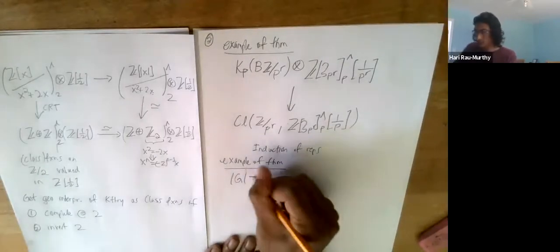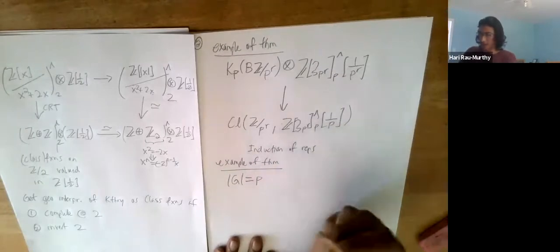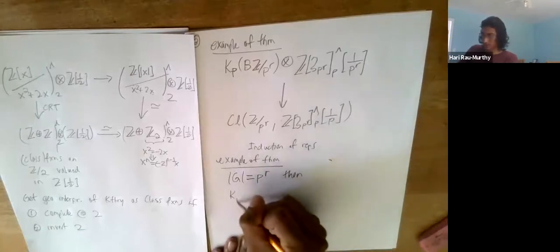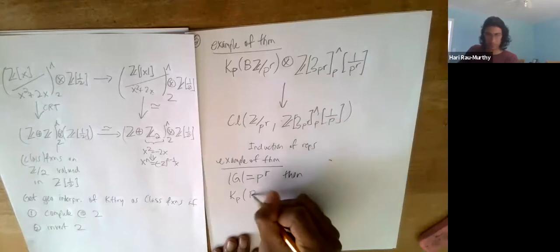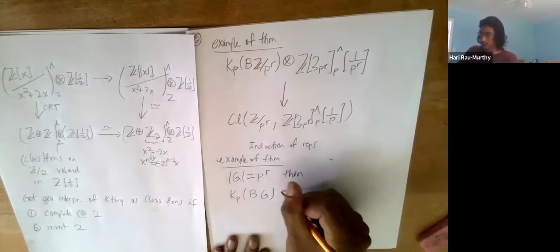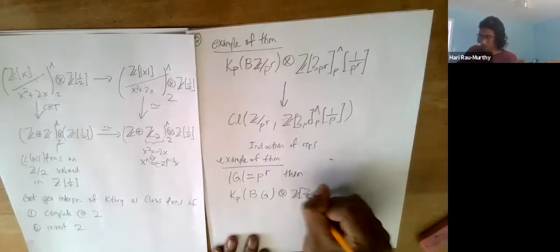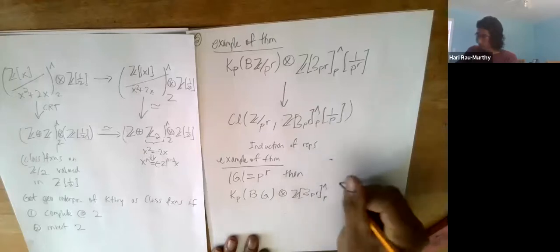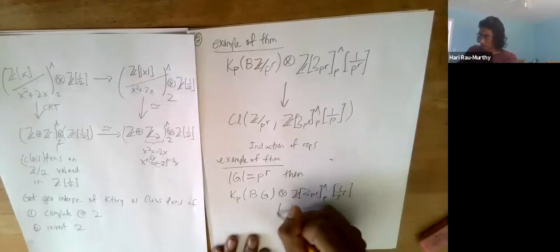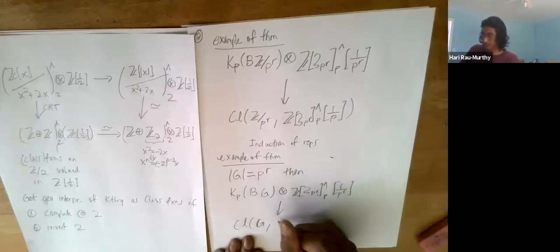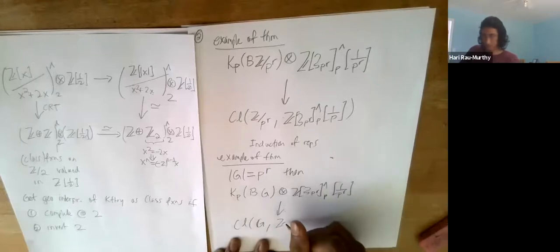If G has p-power elements, then p-complete K theory of BG tensor the ring maps into class functions on G valued in the p to the r roots of unity.